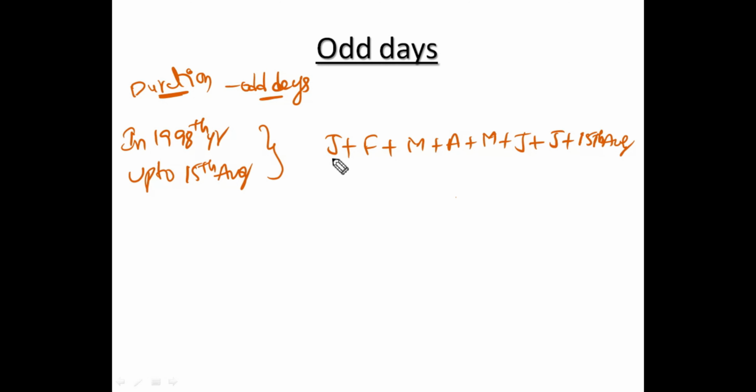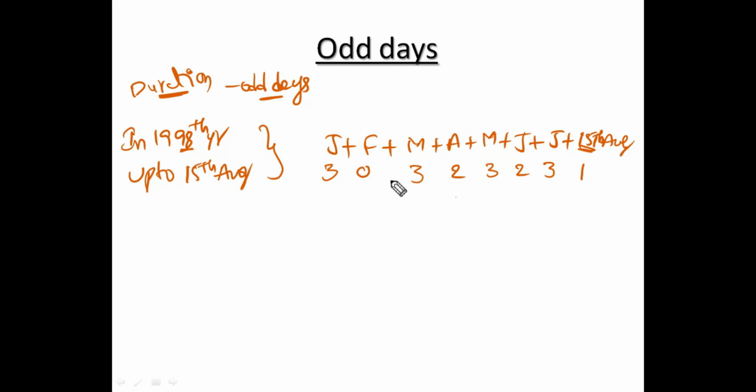Tell me, January consists of how many odd days? 3. February, because it is a non-leap year, 0. March, 3. April, 2. May, 3. June, 2. July, 3. August actually consists of 3 odd days, but here 15 days only, and in 15 days there is only 1 odd day.